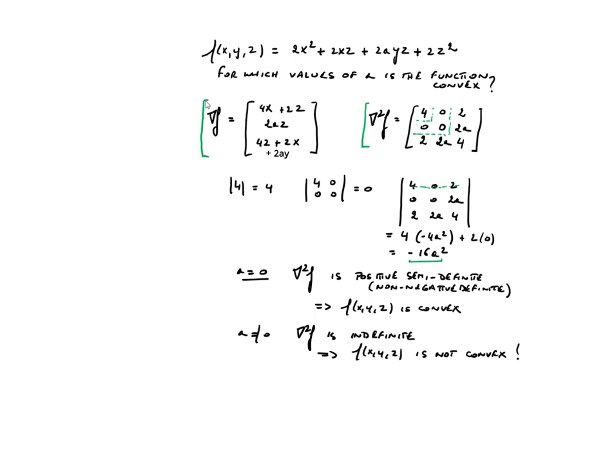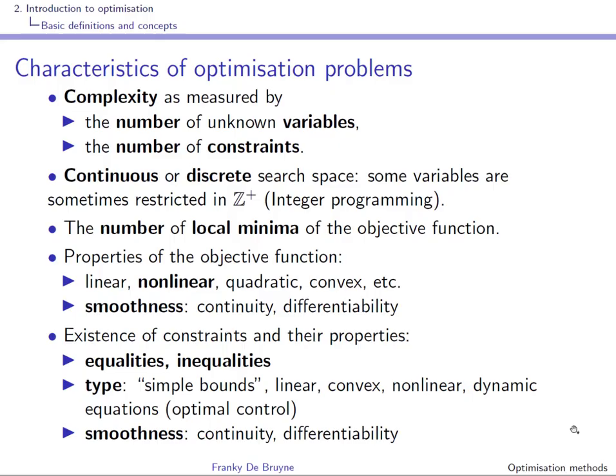You have a 4 and a 0 over here, so the only thing that you can have is a Hessian that is positive semi-definite when a is equal to 0. So when a is equal to 0, the Hessian is positive semi-definite, so the function is convex, but not strictly convex. When a is different from 0, well, the Hessian is indefinite and the function is therefore not convex.